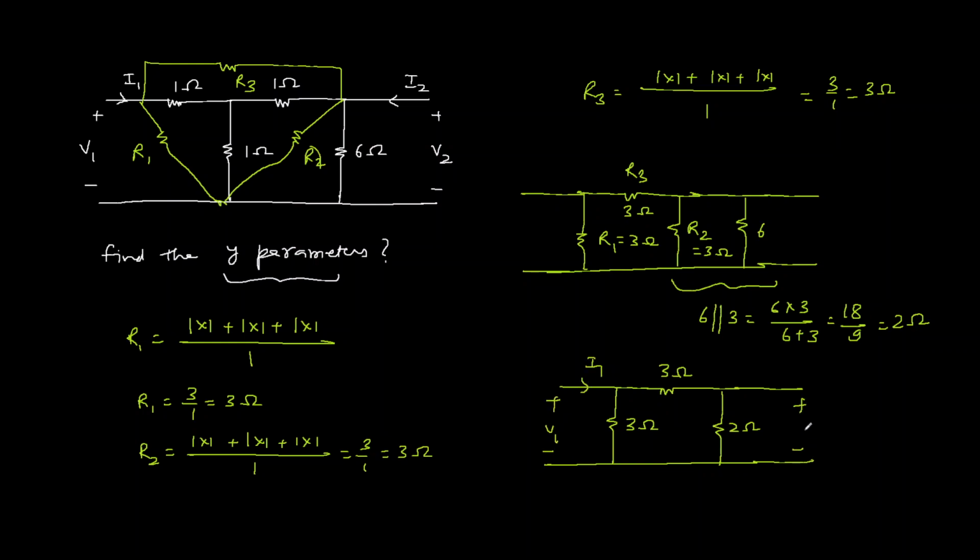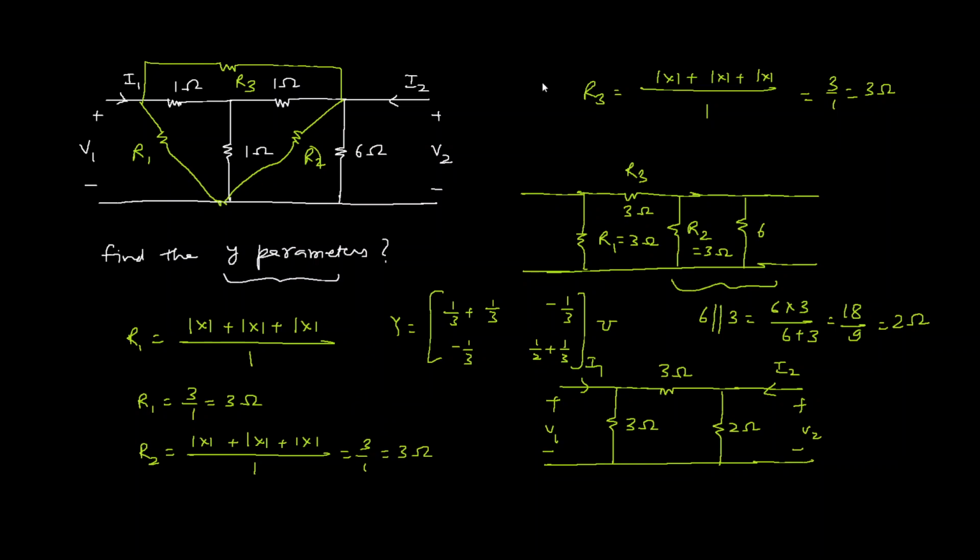V1, I1, this is V2, I2. So the Y parameter is simply Y11 is 1 over 3 plus 1 over 3, Y12 is minus 1 over 3, Y21 is also minus 1 over 3, and Y22 is 1 over 2 plus 1 over 3, and the units are mho.